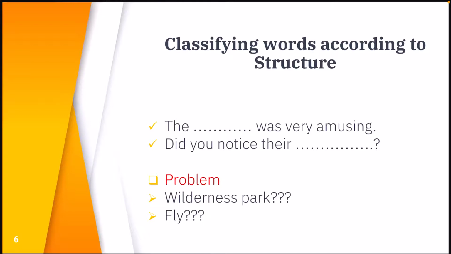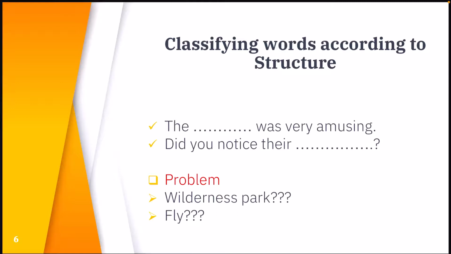So if we see books, then we know that the S is a plural S. It's a morpheme that indicates plurality. Also, there are other morphemes that indicate whether that word is a noun or an adjective or a verb. Okay, so this is according to their constituents.